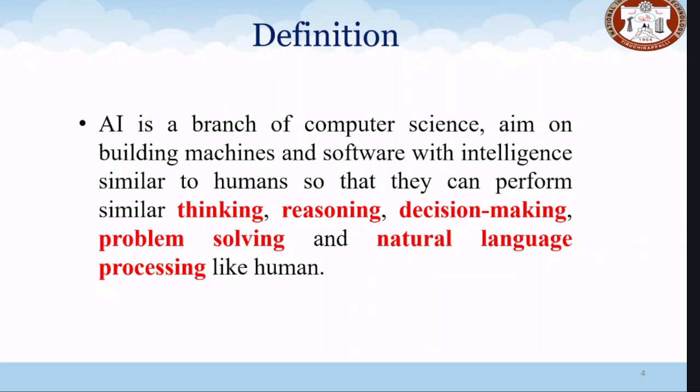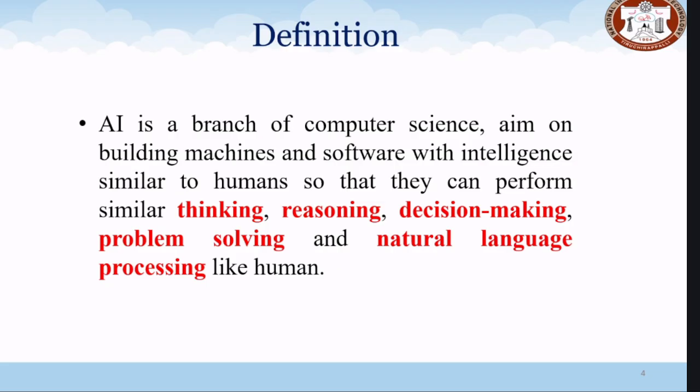Artificial intelligence is a branch of computer science aimed at building machines and software with intelligence similar to us, that means human beings, so they can perform thinking, reasoning, decision making, problem solving, and understanding natural languages like humans. This is a formal definition of AI.